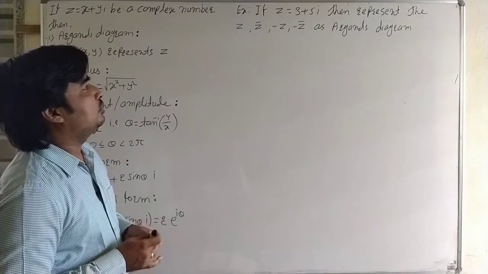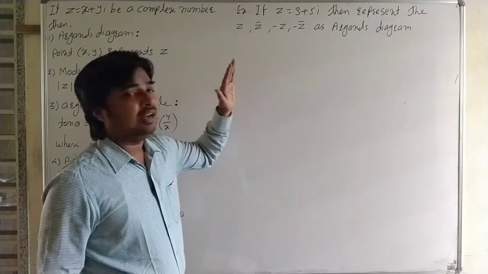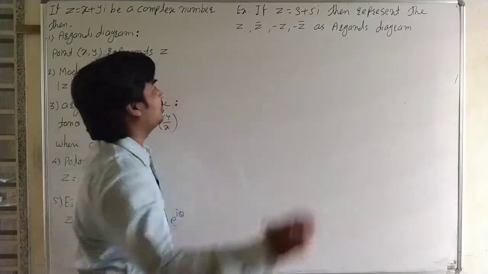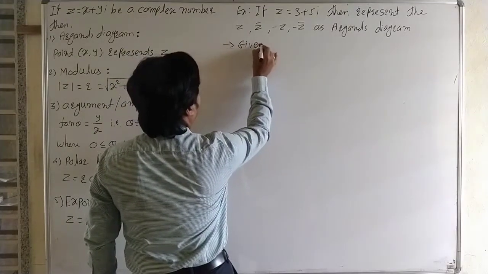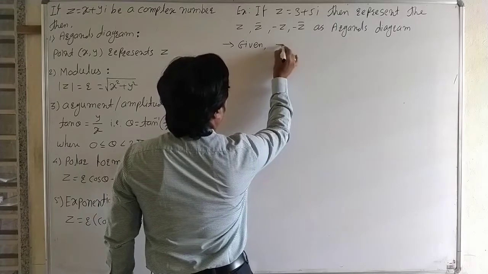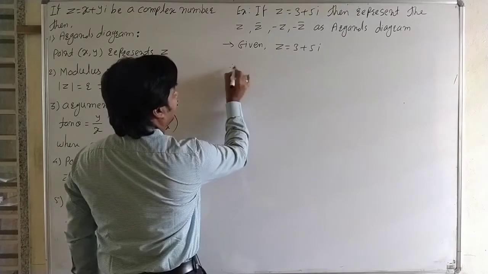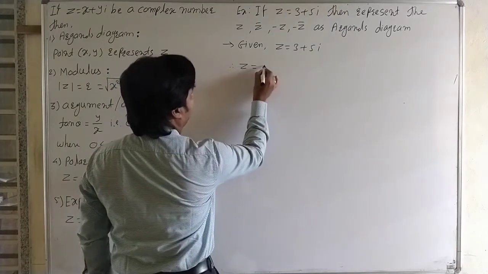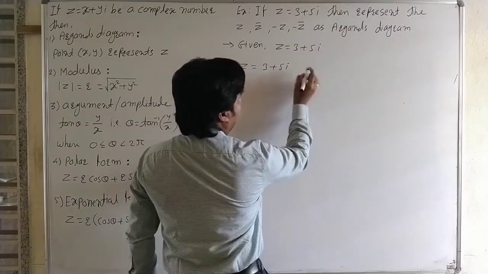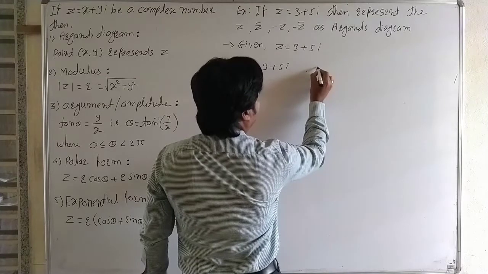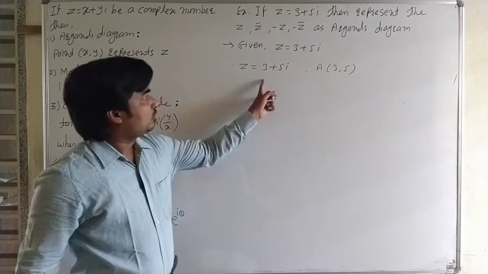If z is equal to 3 plus 5i, then represent z bar, minus z and minus z bar in the Argand diagram. Here z is equal to 3 plus 5i is given, and we represent it as a point. Suppose A is 3 comma 5, x comma y.